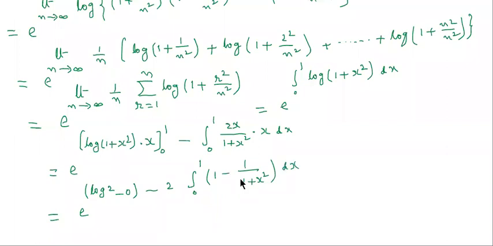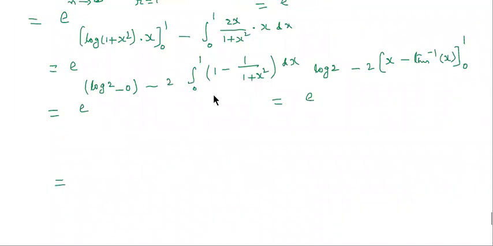Students, did you understand? Take the LCM, you will get x square by 1 plus x square only. Or you can do numerator add 1, subtract 1. No problem, no need to worry. E power log 2 minus 2 into integration 1 dx, x, minus integration 1 by 1 plus x square, that is tan inverse of x, limit 0 to 1.